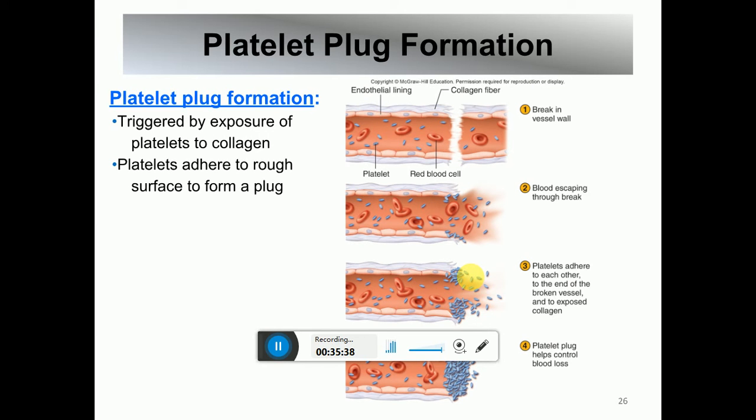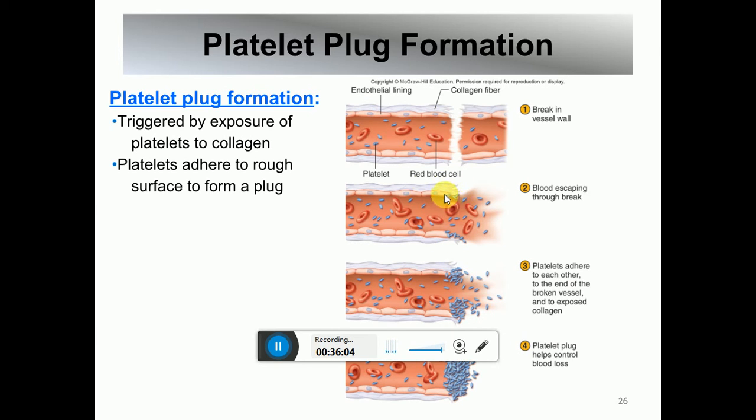The second step in hemostasis is the formation of a platelet plug. You can see here this is the injury or the break that happened in your blood vessel. Platelets release serotonin, leading to vasoconstriction of the blood vessel, and then platelets come and gather at that part.